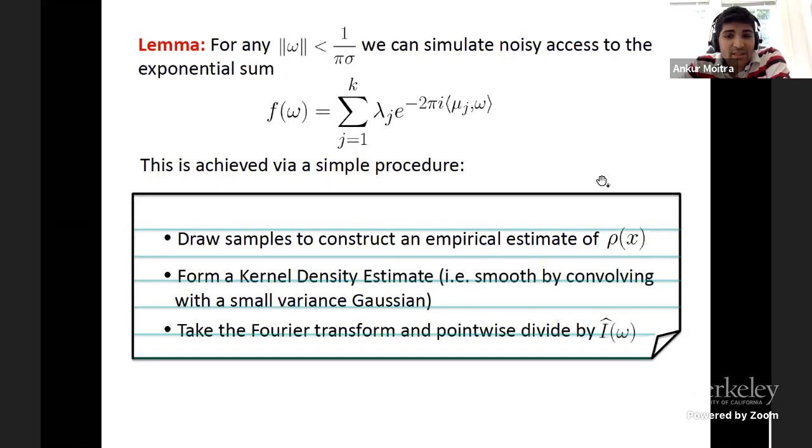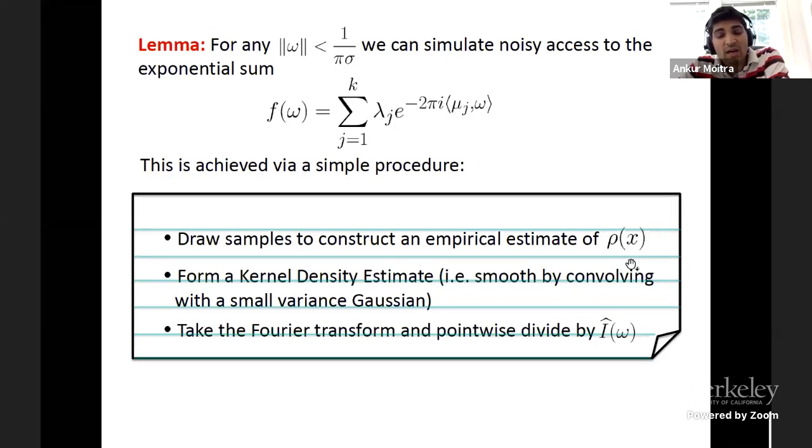I take a bunch of samples from rho of x, and then I take that empirical distribution and I smooth it by convolving with a small variance Gaussian. If you're a statistician, this is called a kernel density estimate. And this intuitively works, and you can prove it. Anytime you have any smooth density function, you take enough samples and you smooth what you observe, and that will be a good approximation to the unknown distribution.